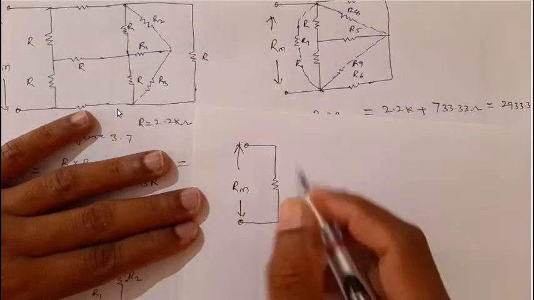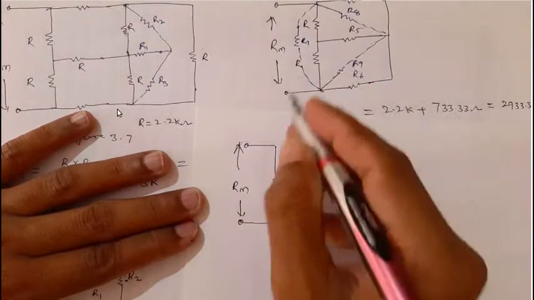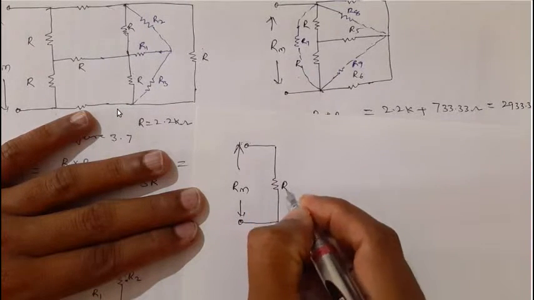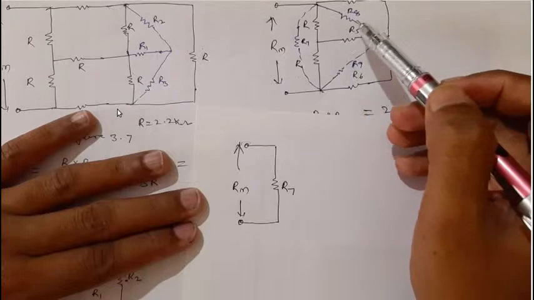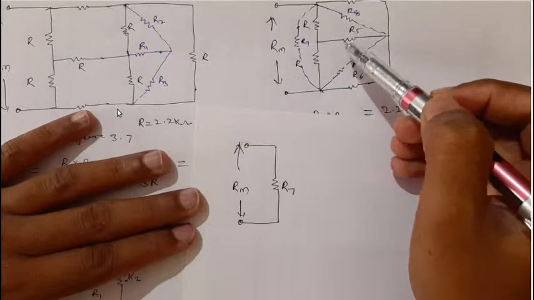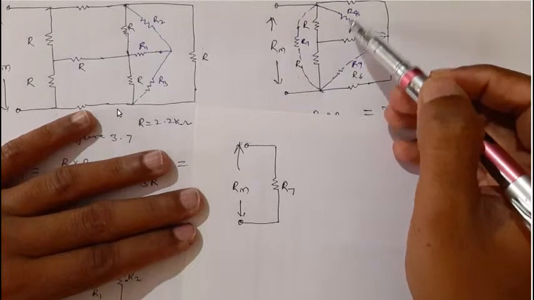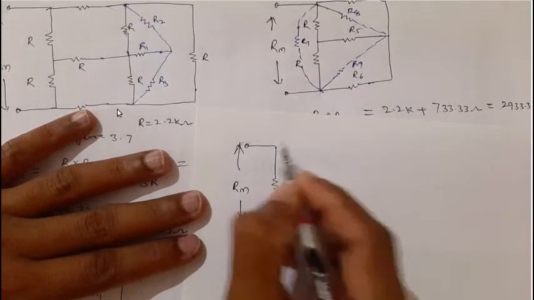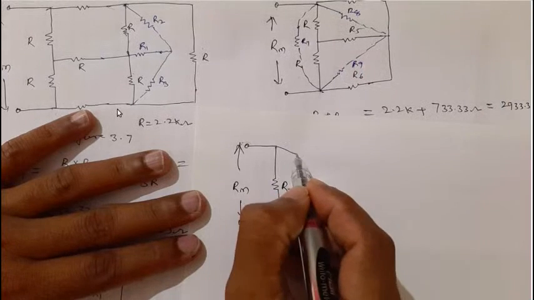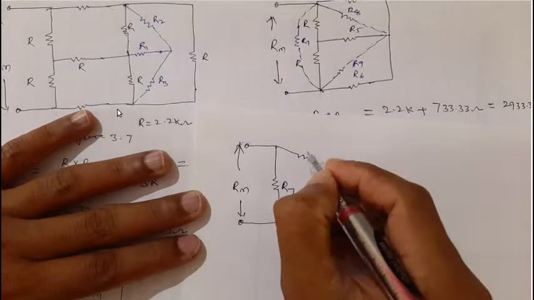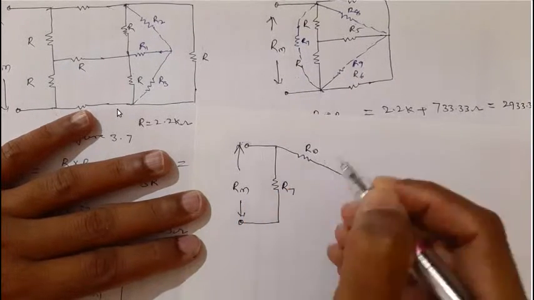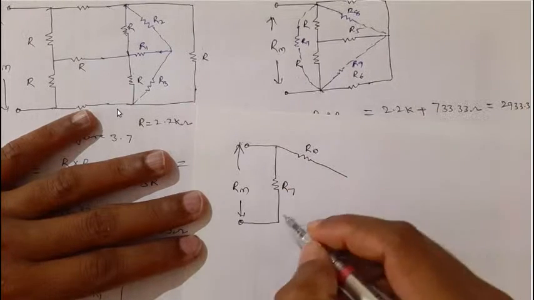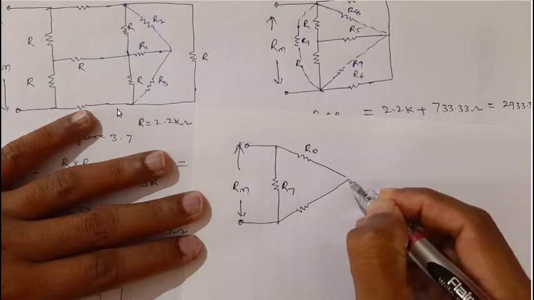And now this resistance will go, this resistance will go here. Two resistors are there, R8 and R4. Both resistors I will find the parallel equivalent resistance, and I call that, for example, R10. And here two resistors you will get, R6 and R9, and that parallel resistance I call R11.